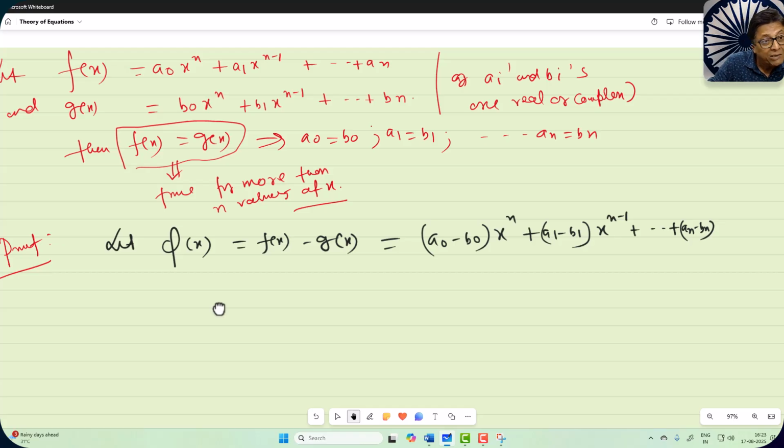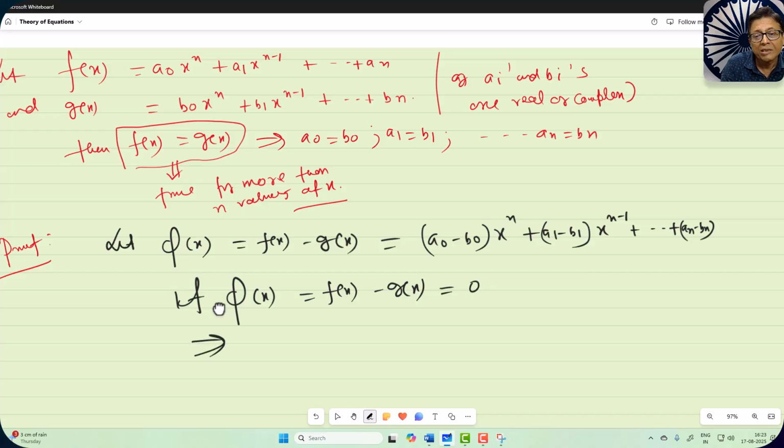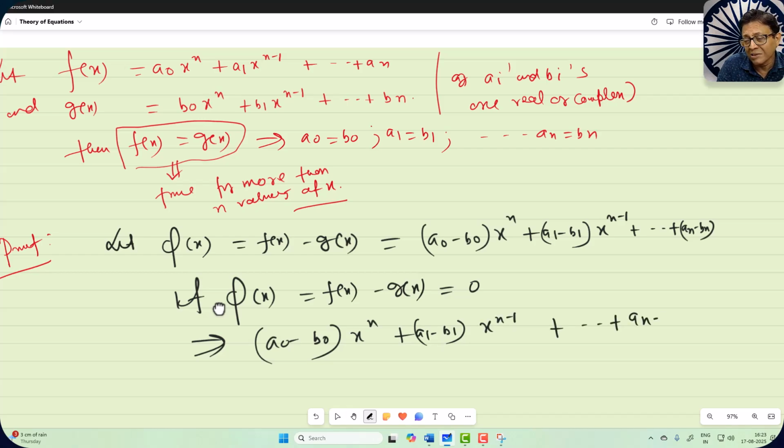Okay? f(x) is 0, g(x) is also 0. Now if φ(x) = f(x) − g(x) = 0, then this will imply that (a0 − b0) x^n + (a1 − b1) x^(n−1) + ... + (an − bn) = 0.